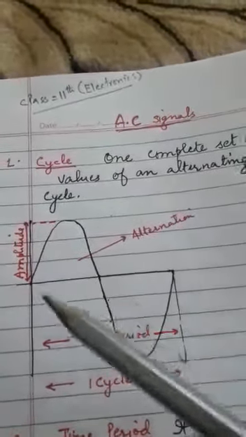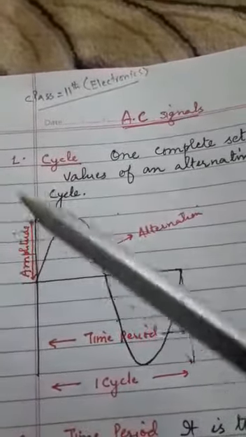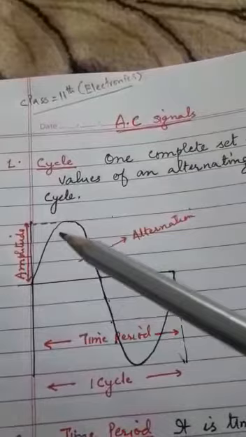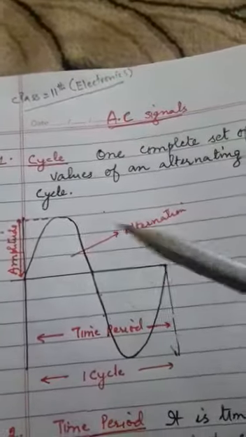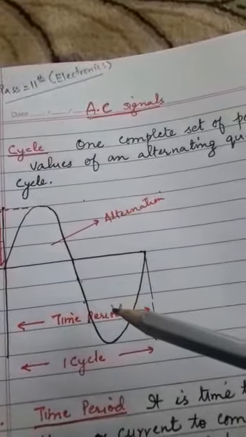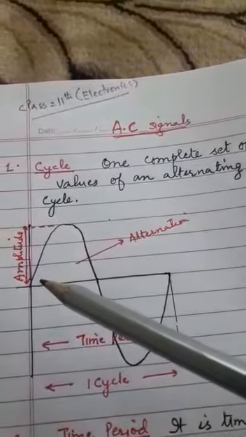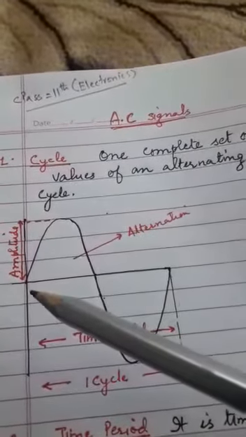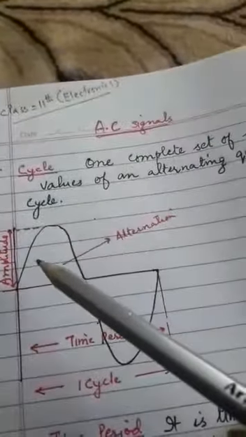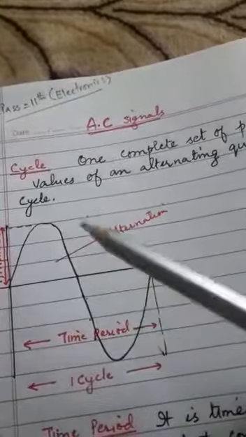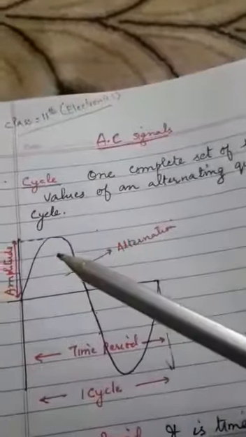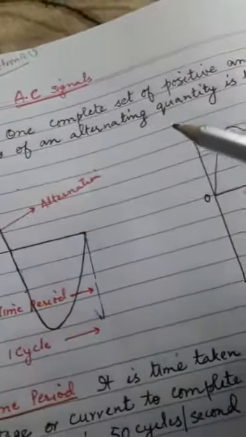So I'm discussing a complete cycle. What does a cycle mean? A cycle is of this type. This is the positive end of the cycle, and this is the negative end. A cycle is one complete set of positive and negative values of alternating current.